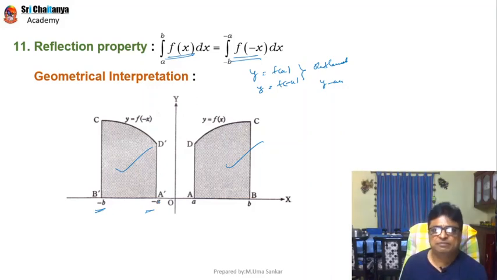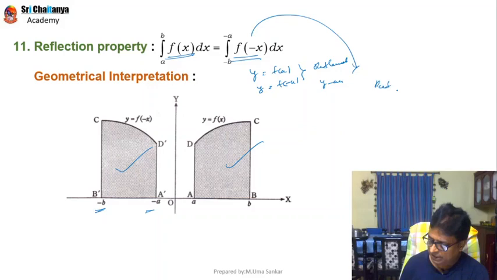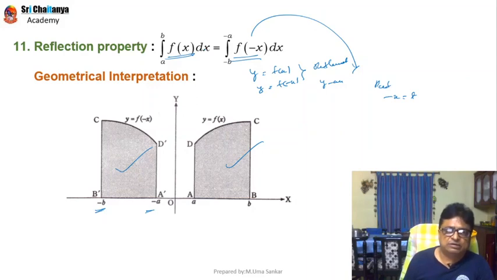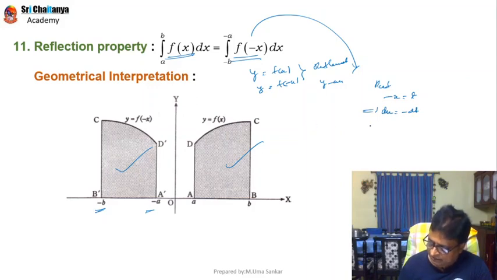The analytical proof is very simple. Actually, here you put minus x is equal to t, then automatically you will get the area I, or you can get the direct conversion a to b of f of x dx very easily. If minus x is equal to t, then dx is equal to minus dt. Again, my lower limit: if x is equal to minus b, then t equal to b.